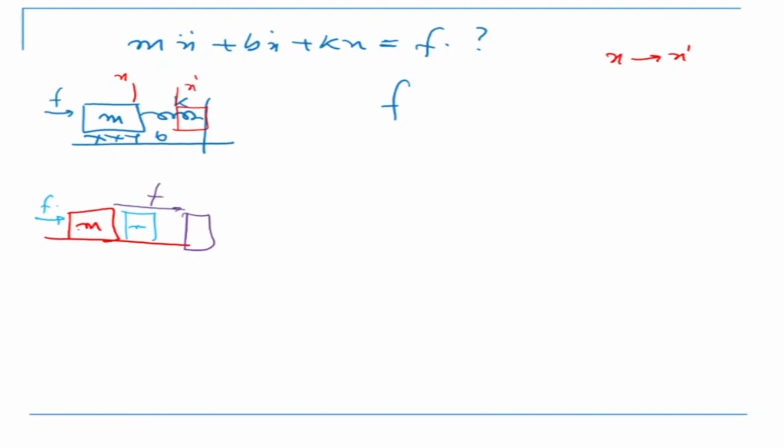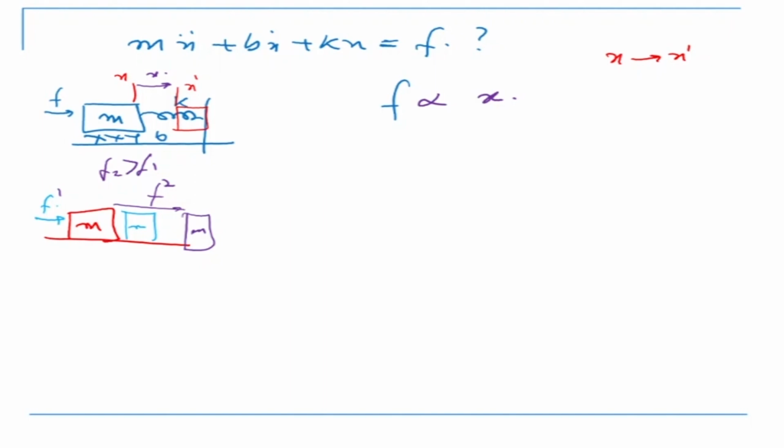So if this is my F1 and this is my F2, then F2 must be greater than F1, obviously, because the mass is going a further distance. So F is proportional to the distance x that you are traveling. What is x? X is this distance. Which is logical: if you have to travel more distance for the mass, then it needs more force.